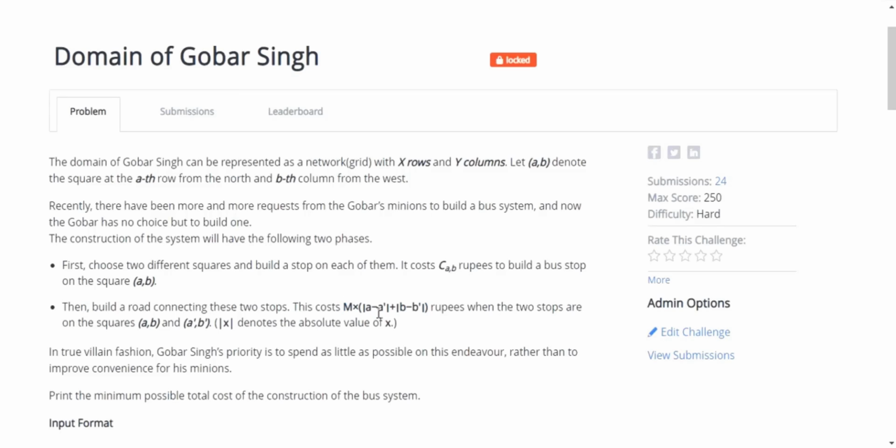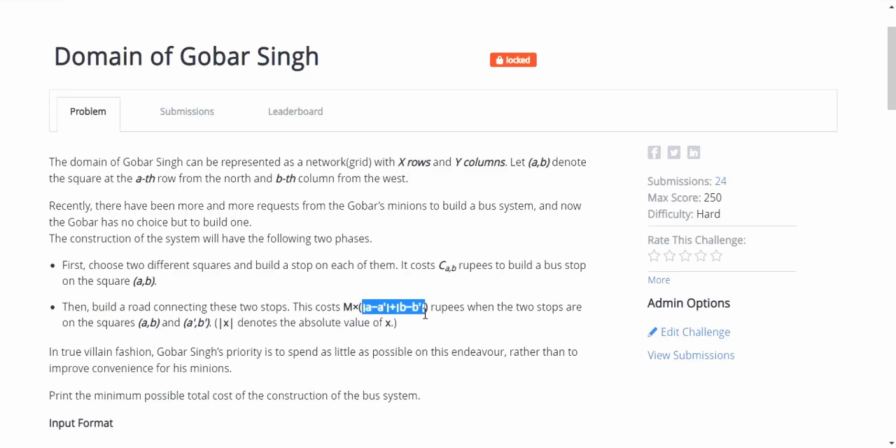So consider that my first bus stop is constructed at a particular square or cell AB and the second one at a square A dash B dash. The distance between these two of them is indicated by this particular expression. If we take a closer look at this expression, it is nothing but the Manhattan distance between the cells AB and A dash B dash, which we generally give by the absolute difference between the x coordinates added to the absolute difference between the y coordinates.